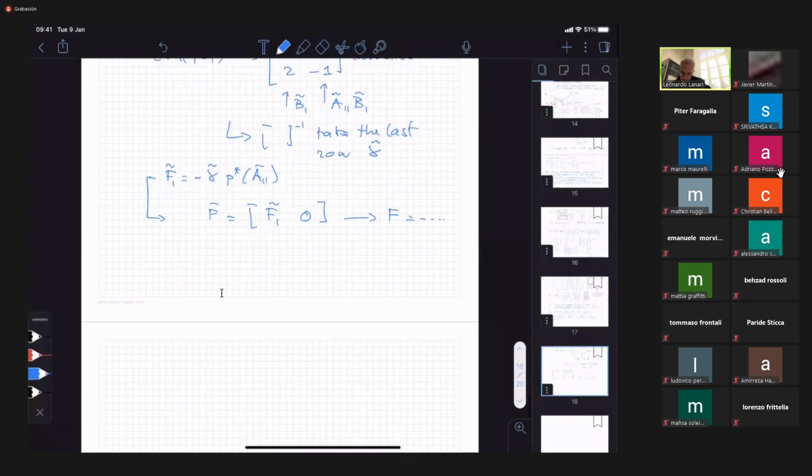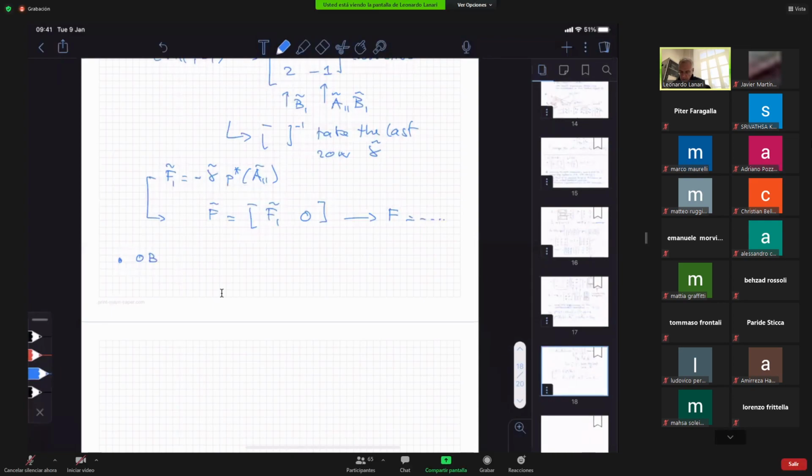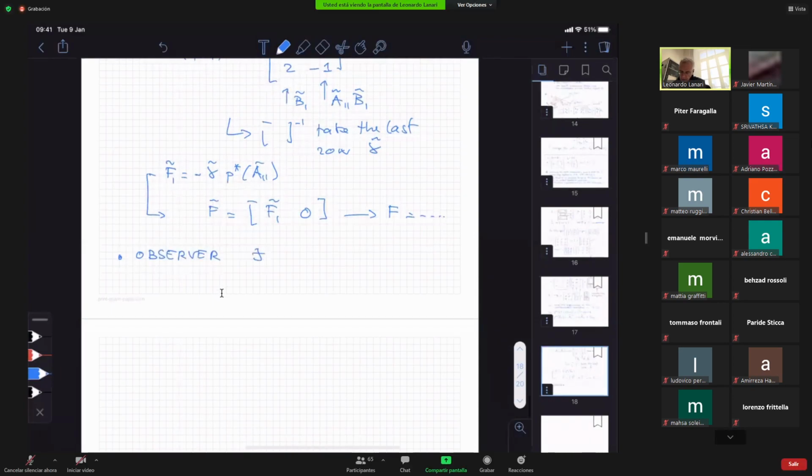And finally, we would write the observer in a generic form. We know it exists since the observability matrix is non-singular.